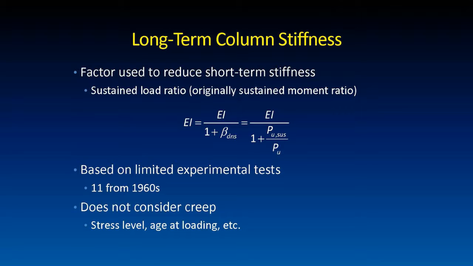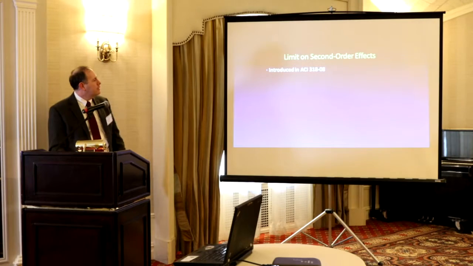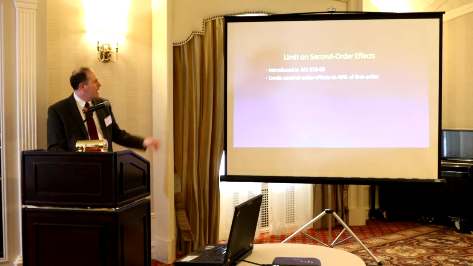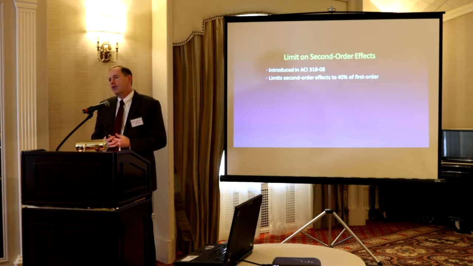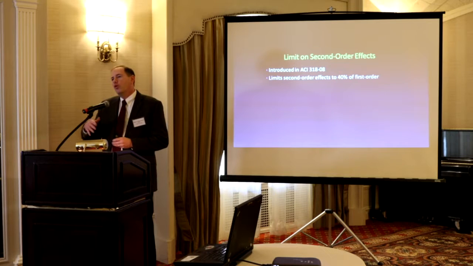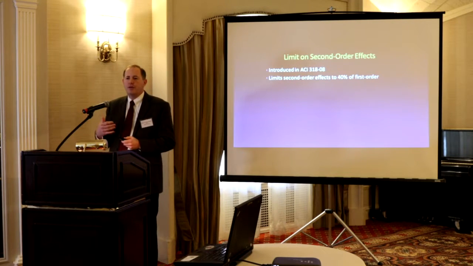This equation does not really consider creep, because creep is a function of the age of it and the stress level on the column. So one other thing is in 08, a limit on the second order effects came in and said that now we can only have 40% extra second order effect. So if you have more moment developing, 1.4 or higher, you're not allowed to design it, you have to go back, okay?